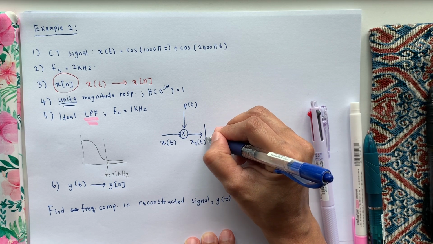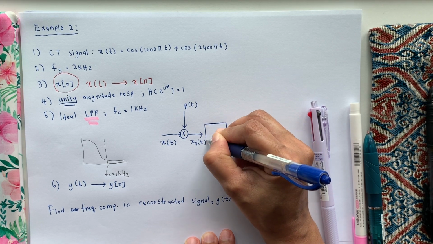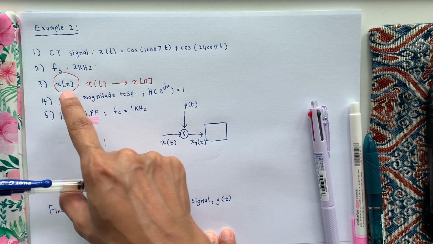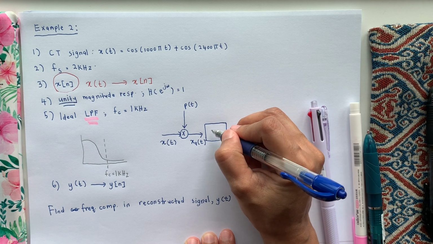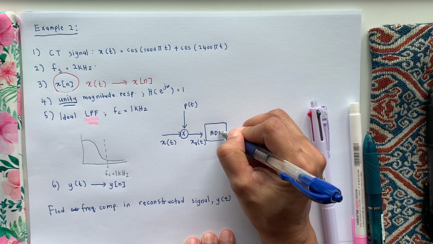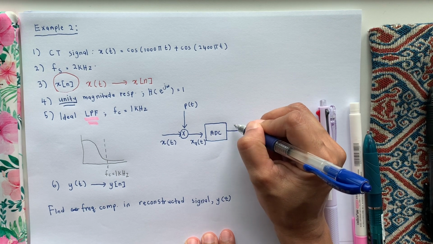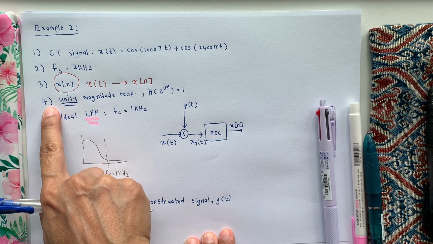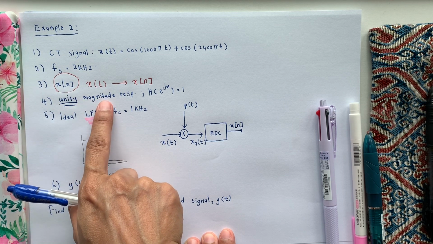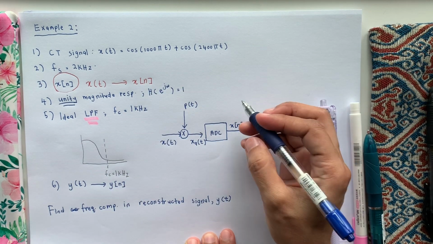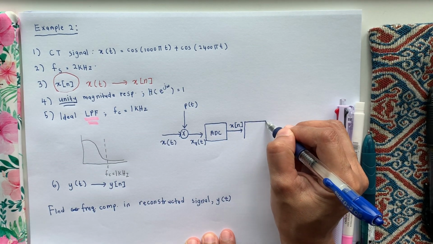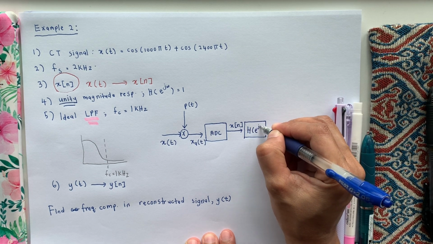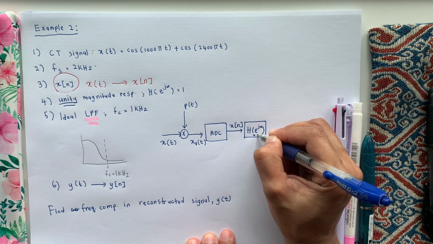Then from Xat we have a converter, because we need to convert from continuous time signal to discrete time signal. So we have an analog to digital converter, which gives you Sn. Then for keyword number 4, we have unity magnitude response H exponent j omega, so after Sn we have another block, H exponent j omega, equal to 1.